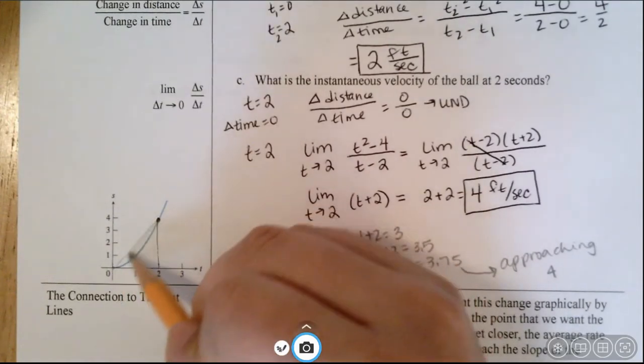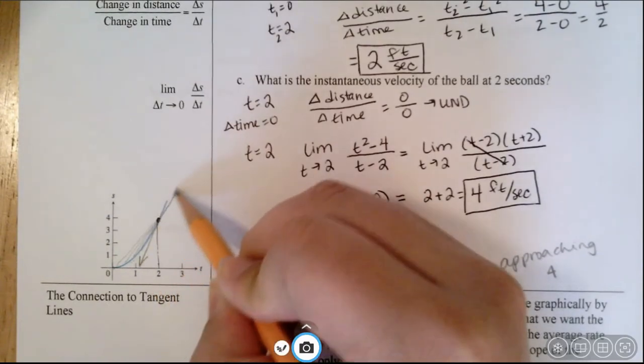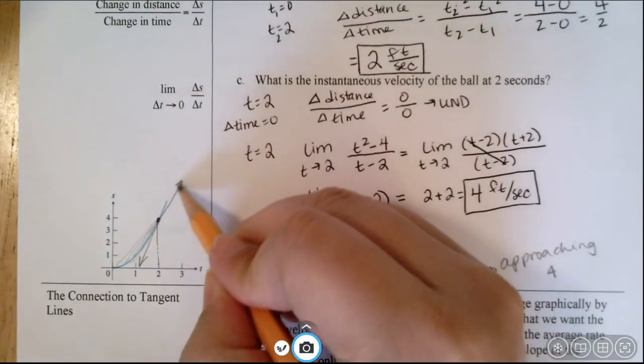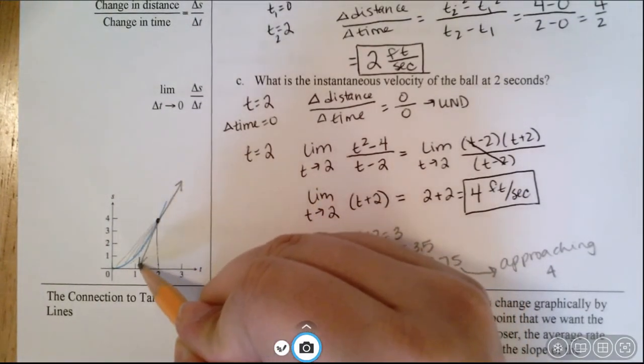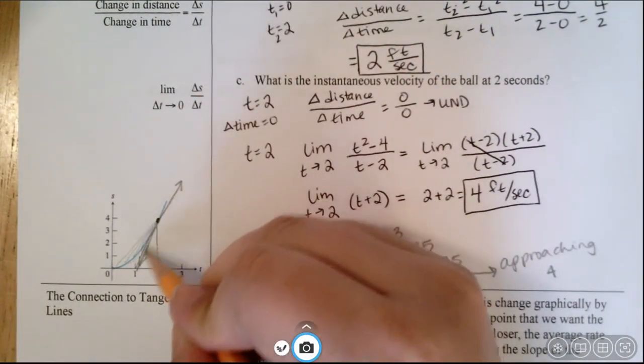So every time we pick a point, we're looking at the slope of the line between those points until we get to a slope that only touches the graph in one place. And the slope of this line right here has a slope of 4.